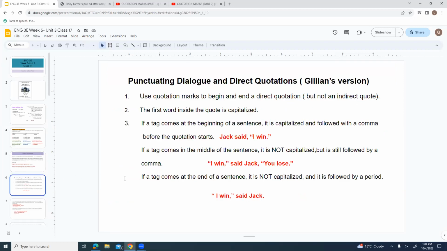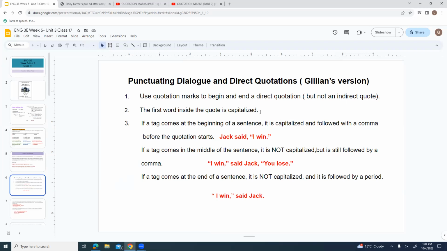So there are a bunch of rules in your unit. I thought they were phrased somewhat confusingly, so I kind of redid them. So I apologize if that is confusing. I thought this was much easier to understand. Hopefully you also find it so. Use quotation marks to begin and end a direct quotation, but not an indirect quote. We just talked about that.